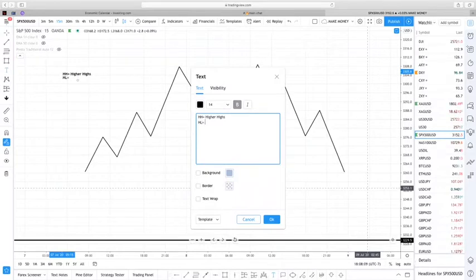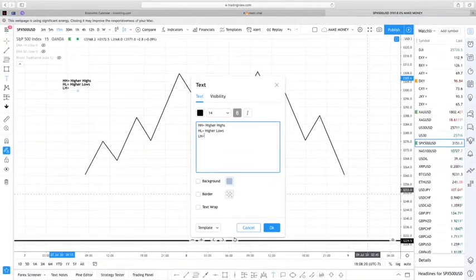HL equals higher lows. Your LH equals lower highs, and your LLs equal lower lows, okay?